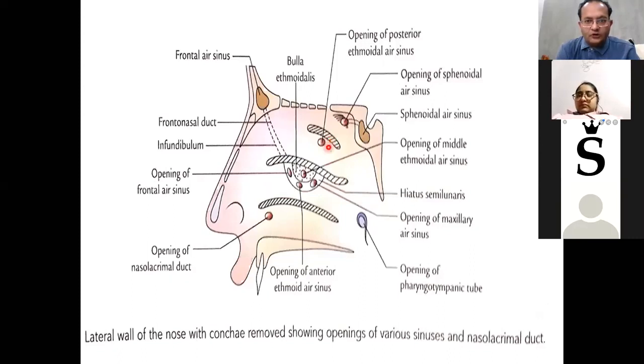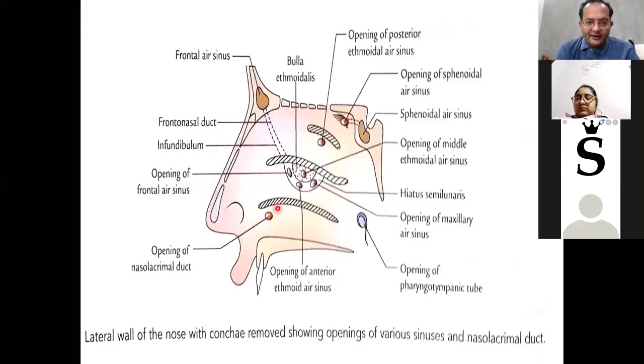In this is the opening of the posterior ethmoidal air sinus. This is the middle nasal concha and this is the middle nasal meatus, the opening beneath the middle nasal concha, and this is the inferior nasal concha and the opening beneath the inferior nasal concha is the inferior nasal meatus, in which the only opening present is the opening of the nasolacrimal duct.